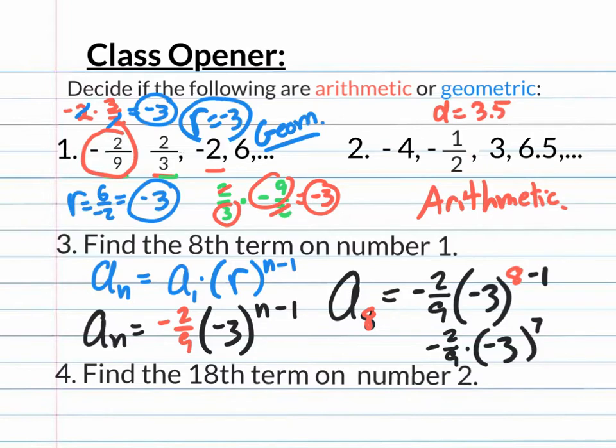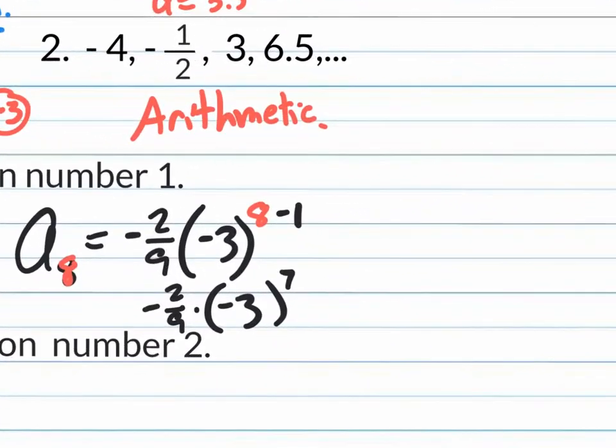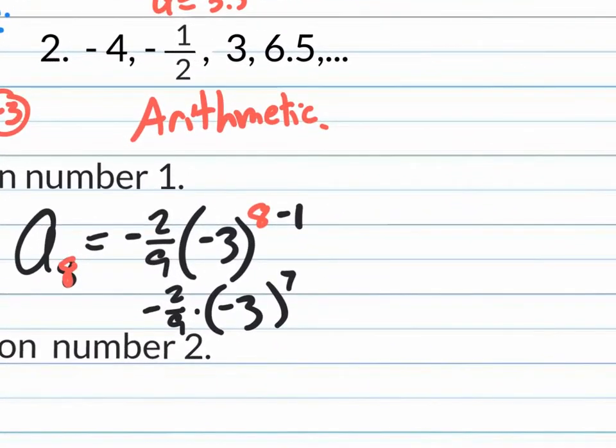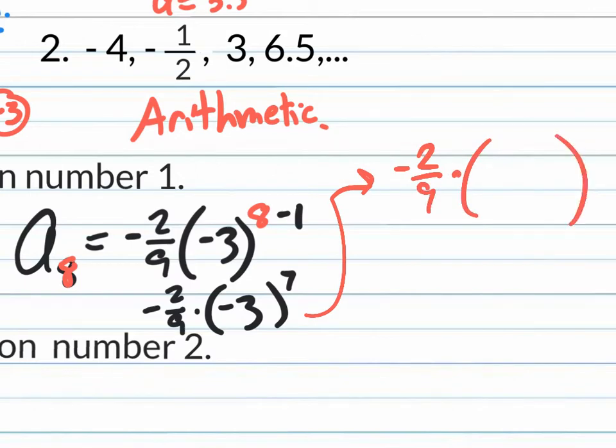So let's do that. So -3 to the 7th power is -2,187. So let's rewrite this thing up here. We have -2/9 times, and of course I did this with the calculator, -2,187. So let's now divide this by 9, see if that works.